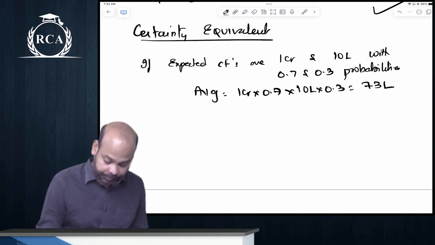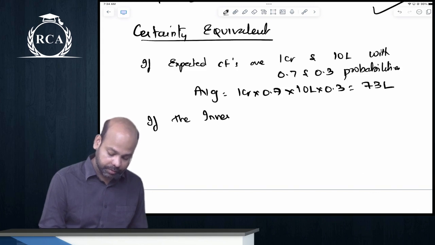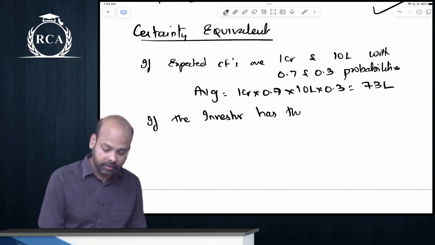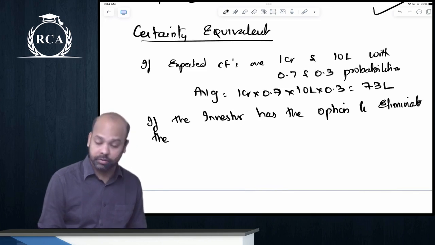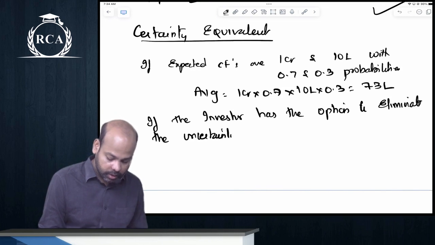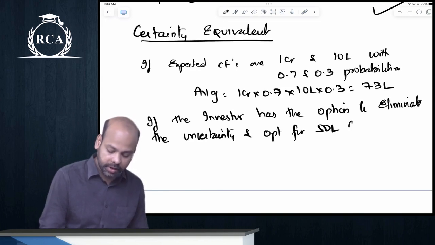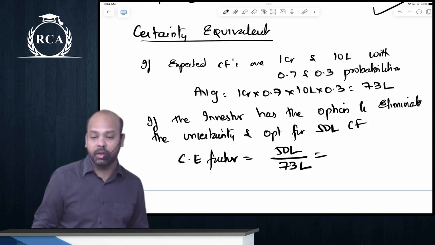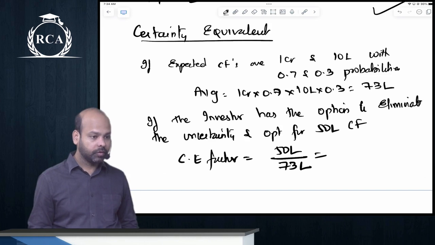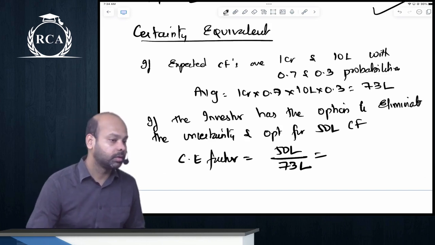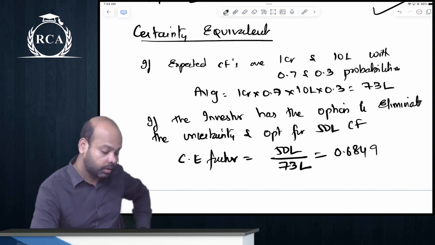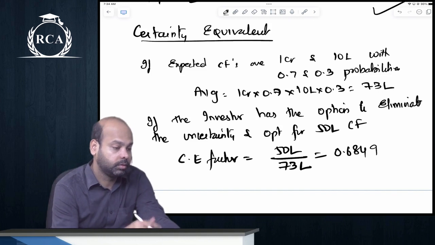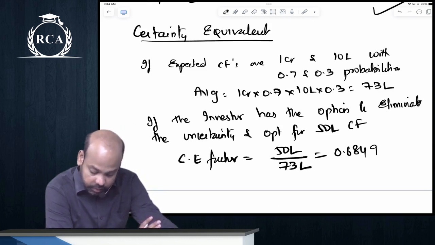73 lakhs. Next beta, if the investor has the option to eliminate the uncertainty and opt for 50 lakhs cash flow, certainty equivalent factor beta will be 50 lakhs divided by 73 lakhs. 50 lakhs divided by 73 lakhs कितना हो जाएगा बेटा? 0.6849. समझ में आया नहीं आएगा इस अभी?